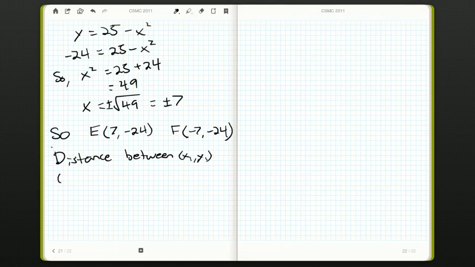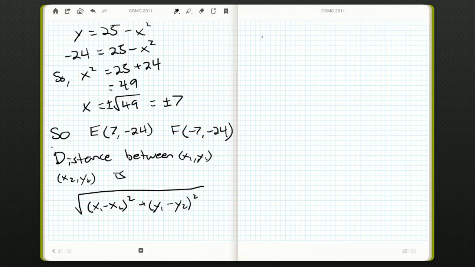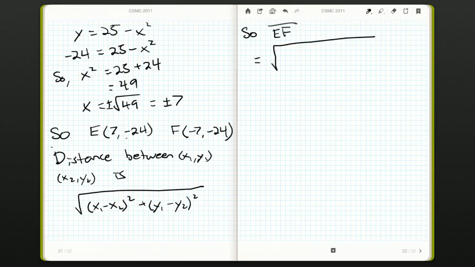So if we have x1, y1, and x2, y2, then we have a nice little distance formula. x1 minus x2 squared plus y1 minus y2 squared, and then we square root that. So the distance from E to F, well, that's going to be the square root of the difference of their x coordinates.